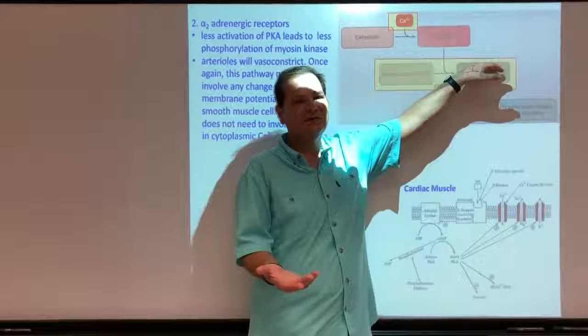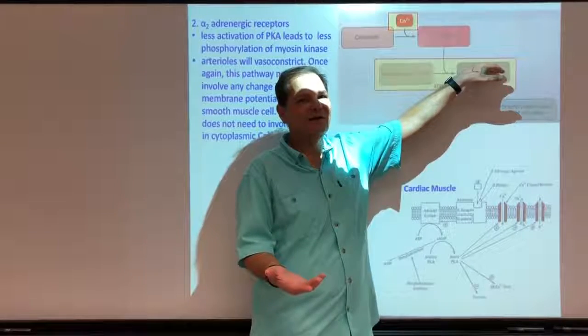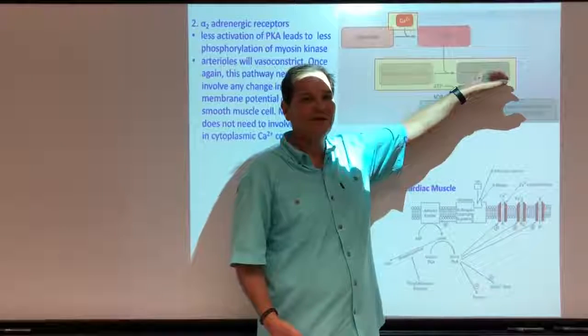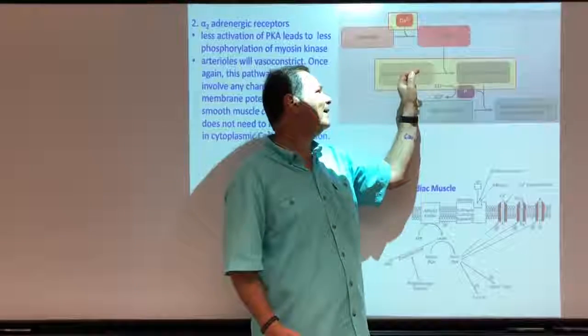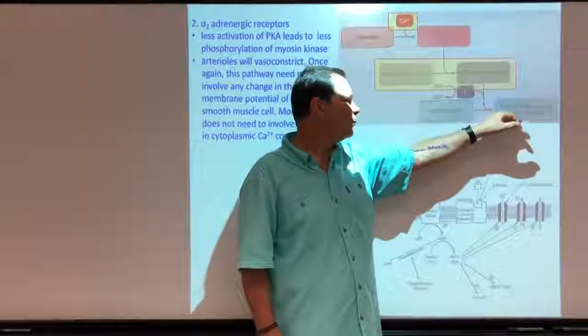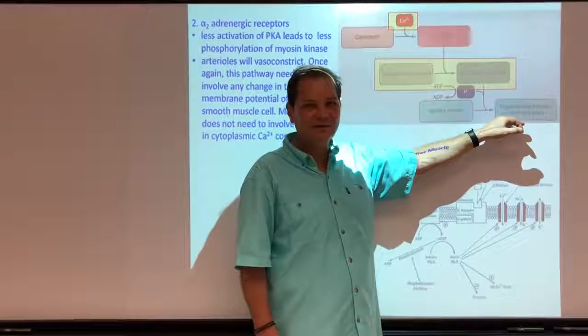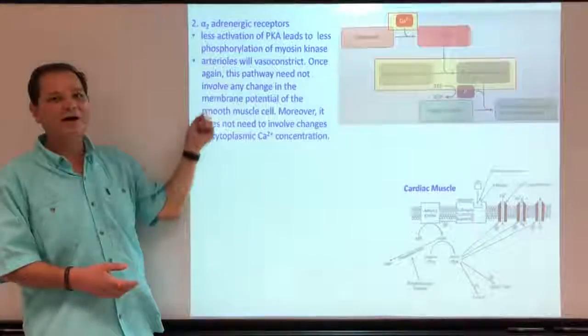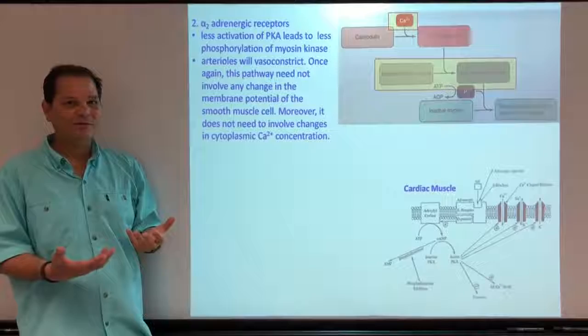Decreased phosphorylation of myosin light chain kinase means you have more active myosin light chain kinase and less inactive myosin light chain kinase. More active myosin light chain kinase means more phosphorylation of myosin, and therefore you get a contractile response to alpha-2 adrenergic receptors.